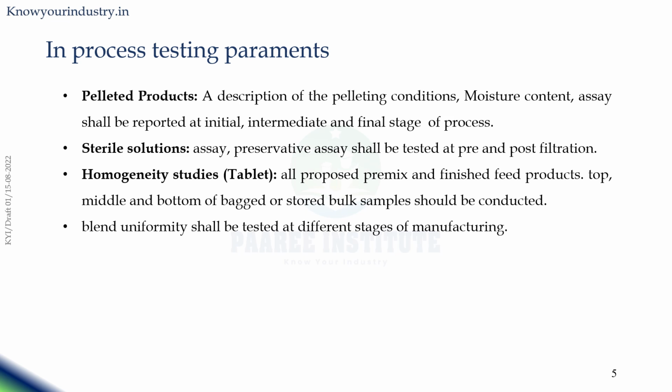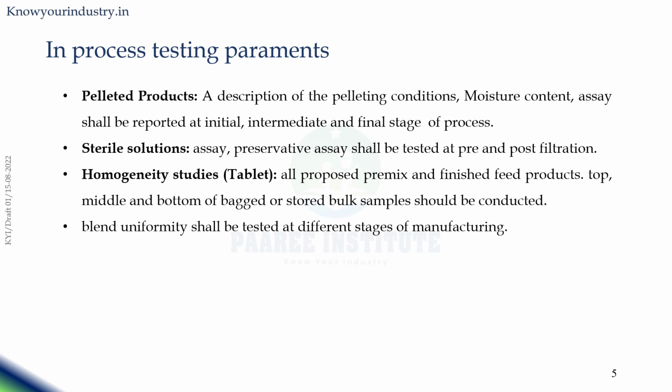In-process testing parameters for pellets: pellets are used for most of the products where you can do a spray. Using spray you can coat the pellets and create your drug product in pellet form, and those pellets shall be filled into capsules.